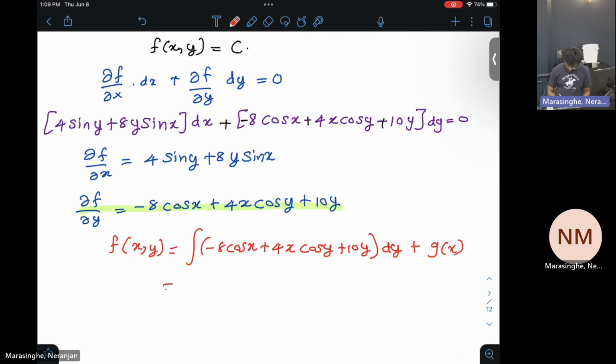So what is this integral? Negative 8y cosine x plus 4x times the integral of cosine y with respect to y, which is sine y, plus the integral of 10y, that is 10 times y square divided by 2. Okay.